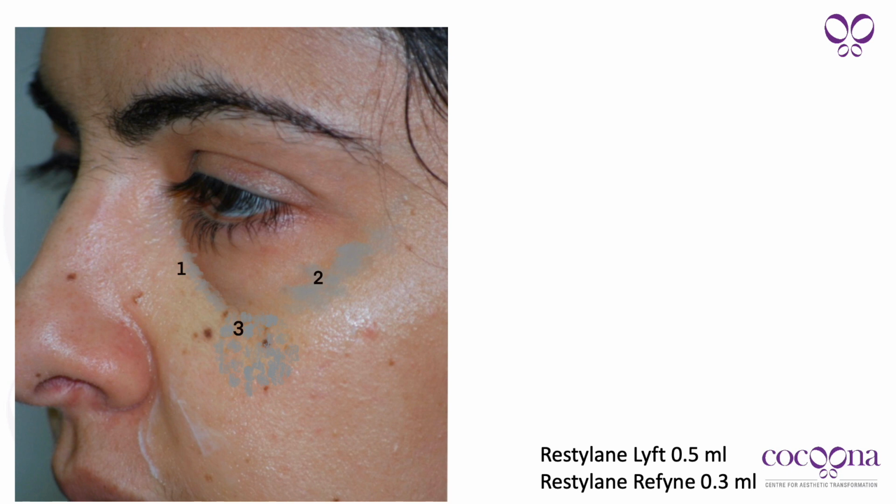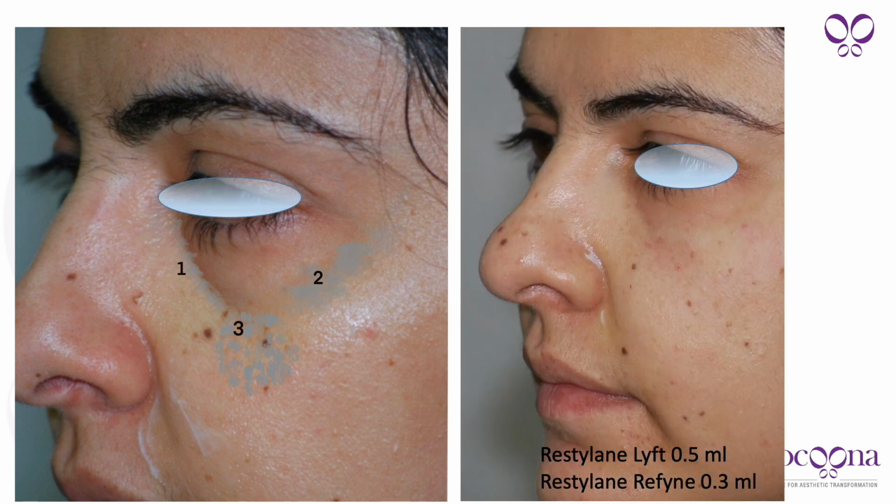I always prefer to undercorrect the periorbital area because it does gain volume over a period of time, even though Restylane does not cause a lot of water retention, but usually undercorrection serves better than overcorrection.